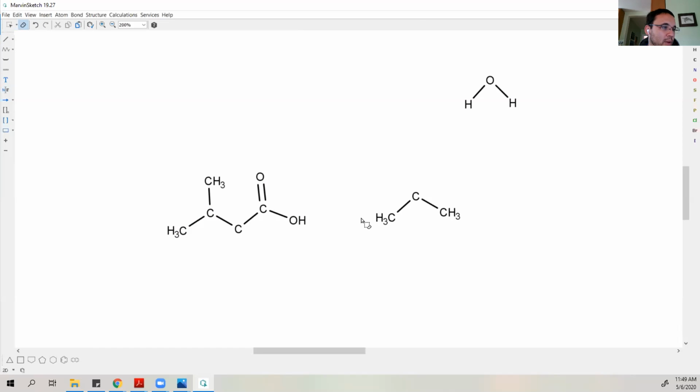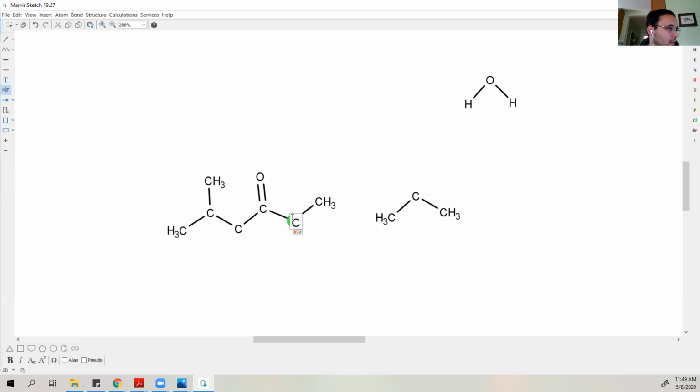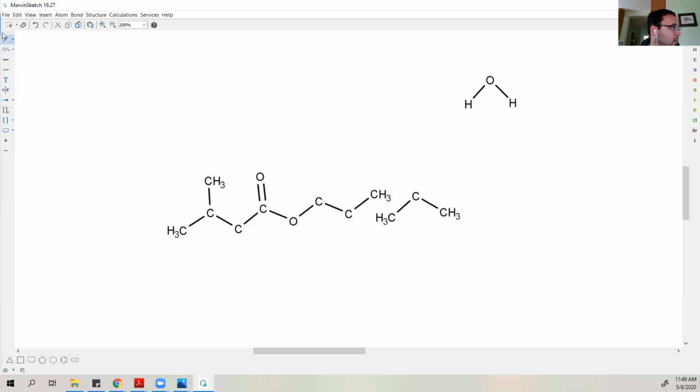And so this carbon, that alcohol, is basically going to come and add on onto this one. And we're going to get something that looks like this. Now, what kind of compound or functional group is this one?